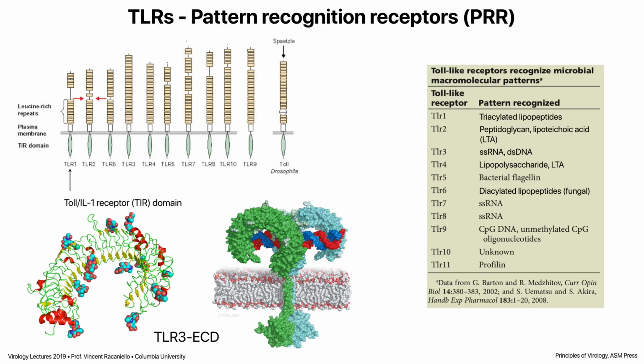And then we have nucleic acids. We have single-stranded RNA and double-stranded DNA, even CG dinucleotides. So very specific components. These signal to the innate system that there's a foreign entity present, like a virus or so. Now you may say, how does nucleic acid signify foreign? Well, you'll see in a moment.